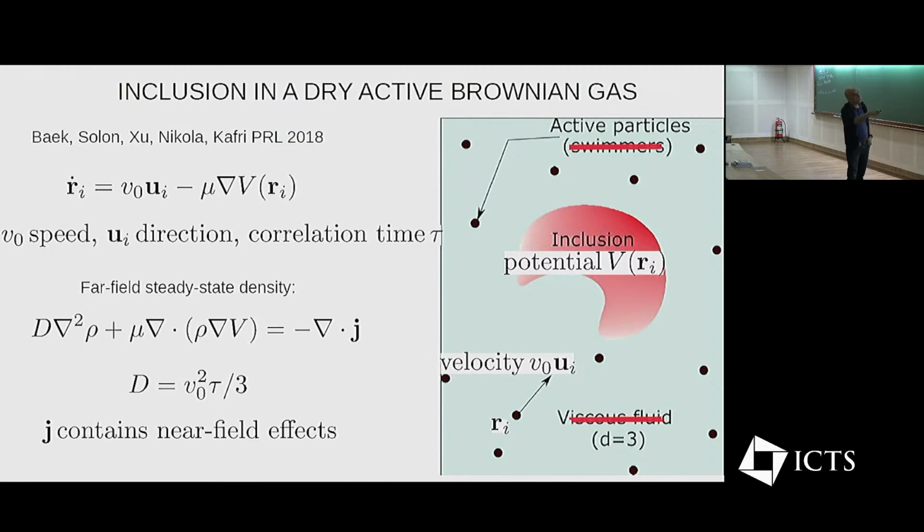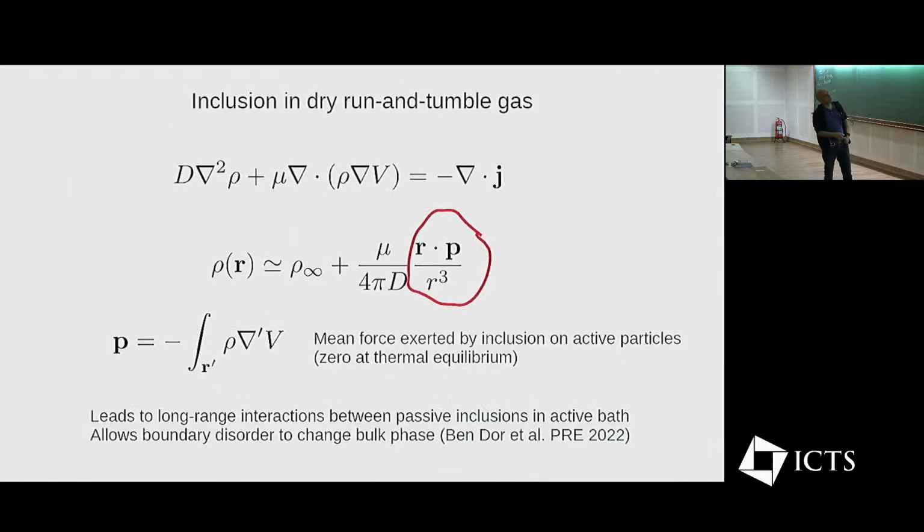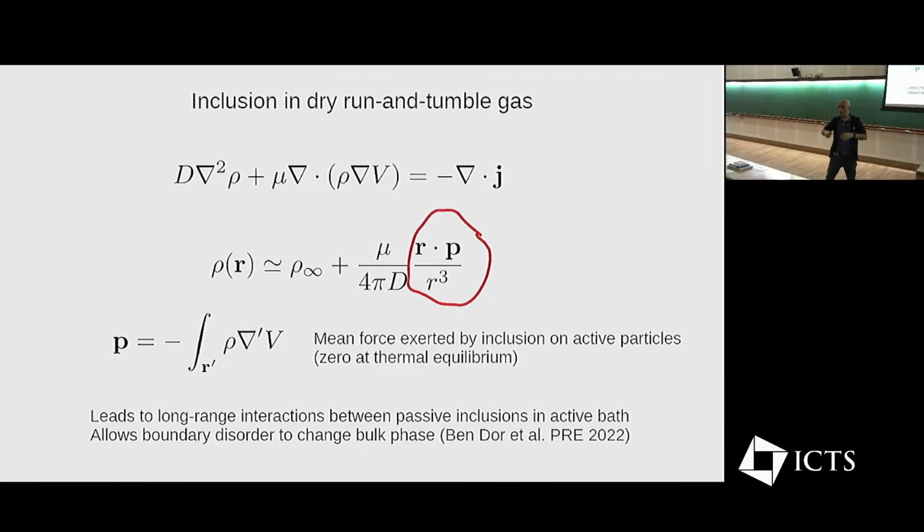Okay? And the result of this is that the far field density has, now remember, supposing this was particles at equilibrium in a potential, you just have diffusion and the interaction of the potential, and the density with these 2 pieces would decay, these are non-interacting particles, would decay exponentially, as e to the minus the potential over kT, right? That's all that would happen.